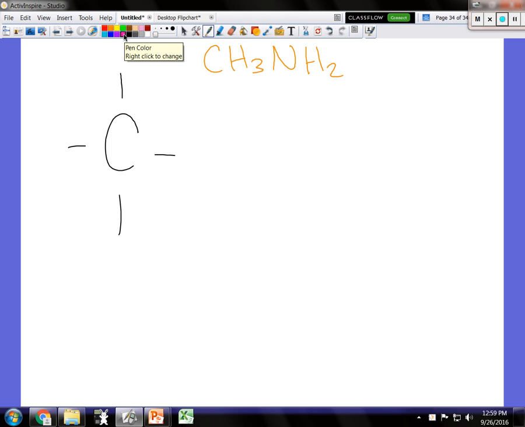What are 3 of the carbon's bonds taken up with? I've got hydrogen here, hydrogen here, hydrogen here. Now, as it's written, we know there's an N and 2 H's left. Which one of the 2 can have multiple bond locations remaining? The nitrogen. So we know that the nitrogen is going to take up that location right there.